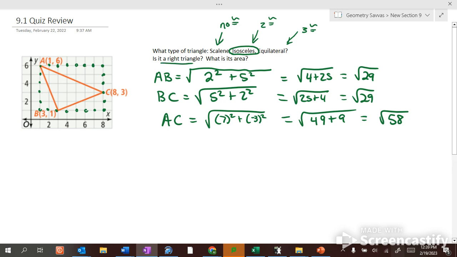Well, to figure out if it's a right triangle or not, the angle that looks like a right angle, we've got to see what the slopes are.